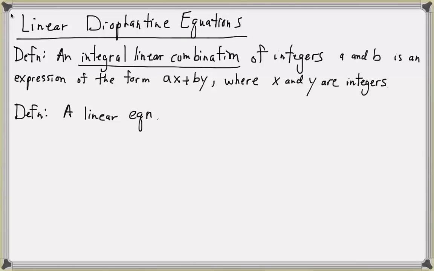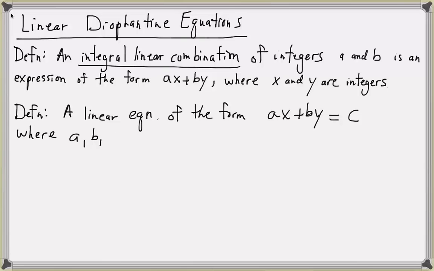A linear equation of the form ax plus by equals c, where a, b, c are integers, is called a linear Diophantine equation.